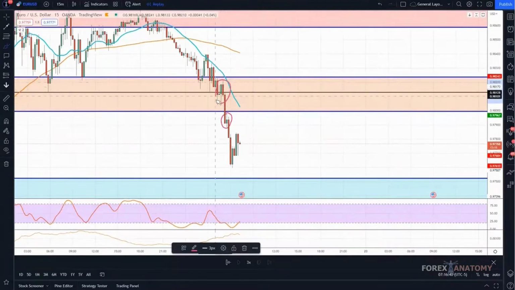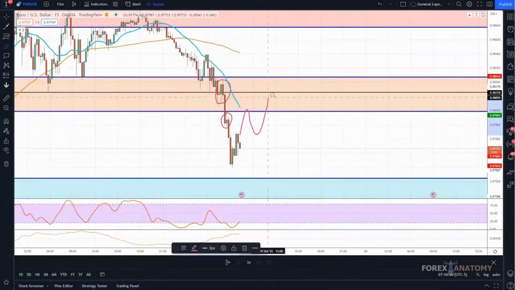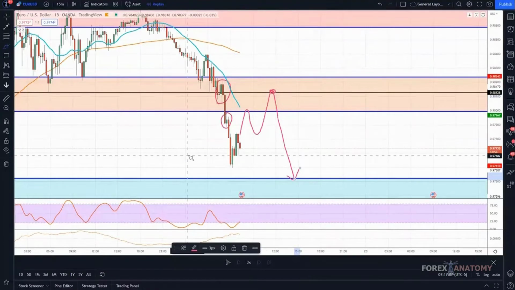Typically, you'll find that price will go to the first one, and then act like it's reversing back down. Then it'll come up, grab this liquidity up here at the second one, and that's when you'll see price slide to the downside. So what I want you to do is test that.